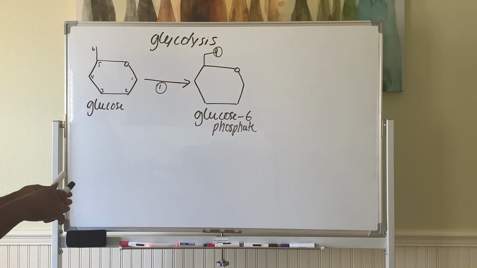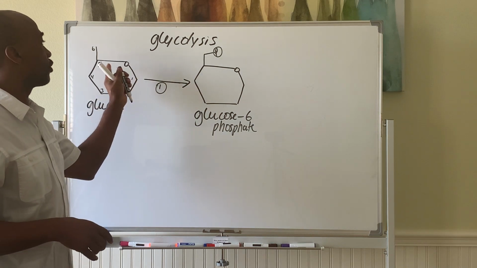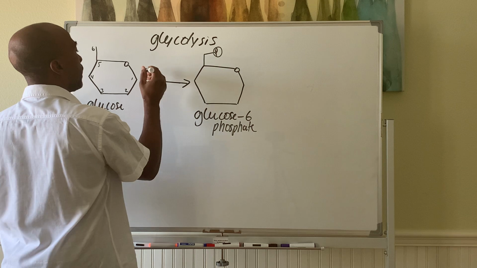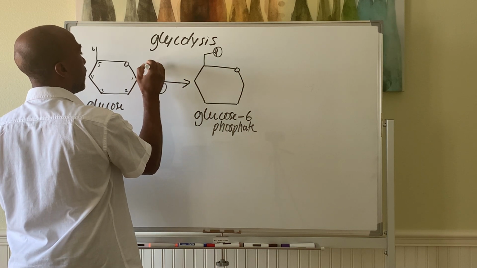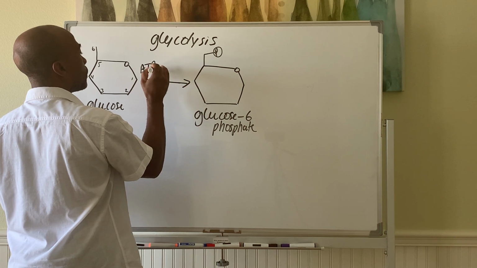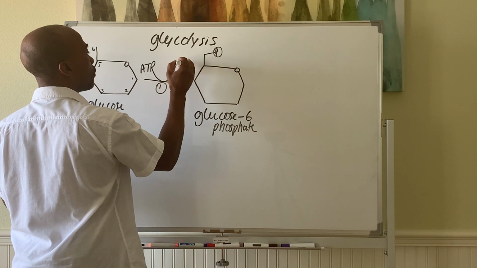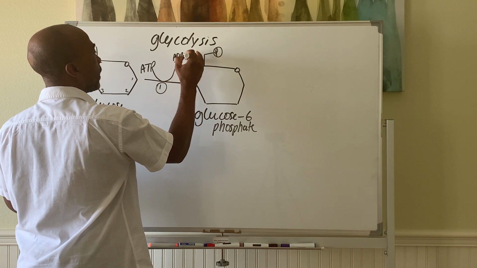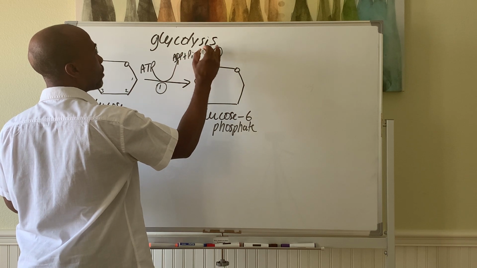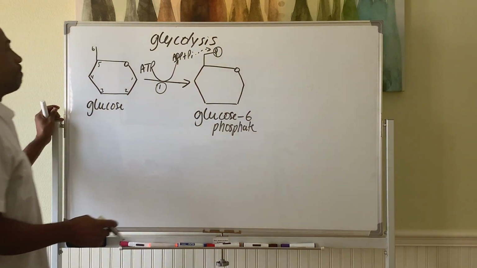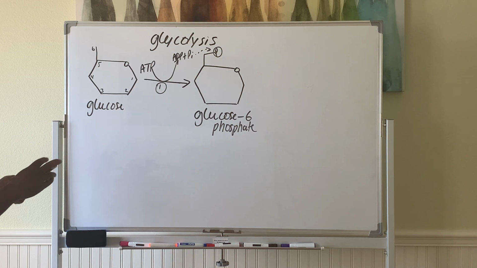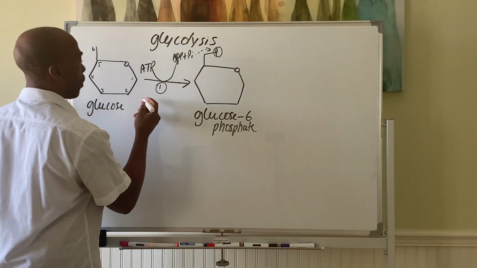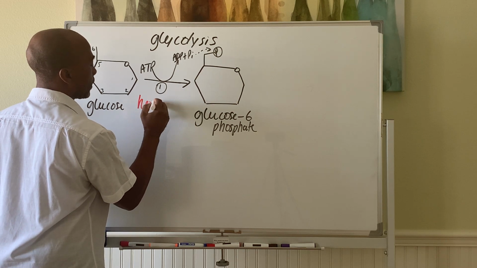And what happens here is that the phosphate that you got to put on here came from ATP. So here, ATP is consumed, broken down to form ADP plus Pi, and the Pi is what goes here, okay? And the enzyme that makes this happen is called hexokinase.